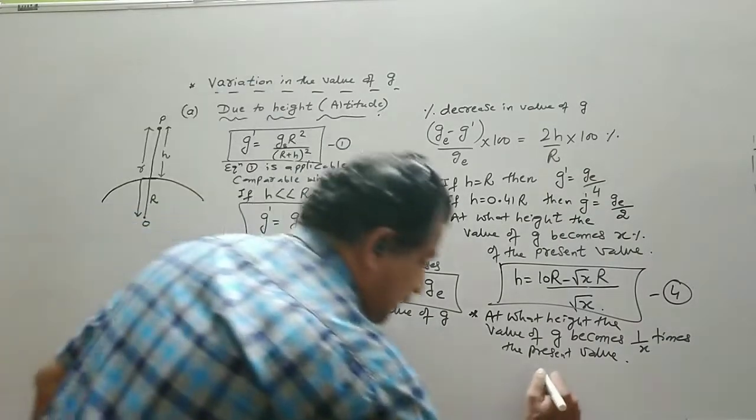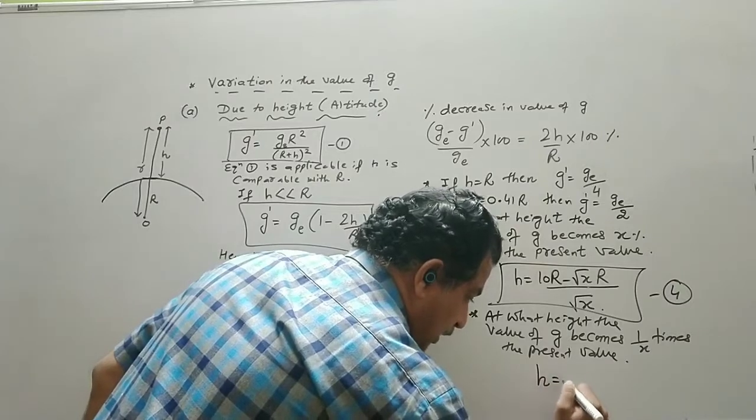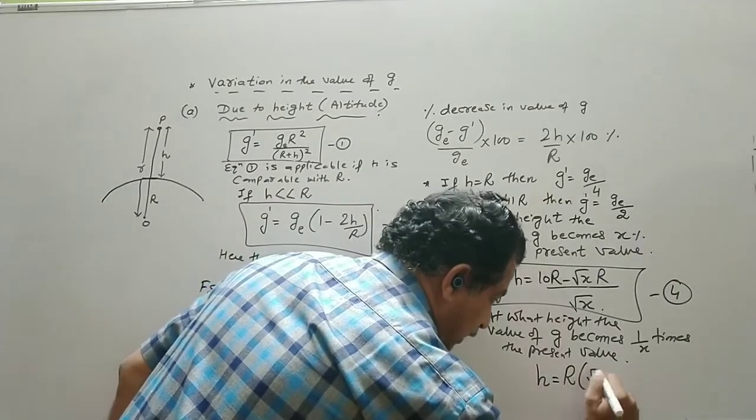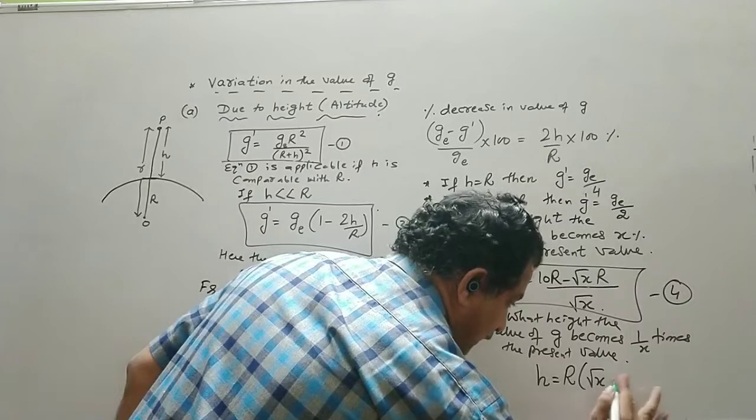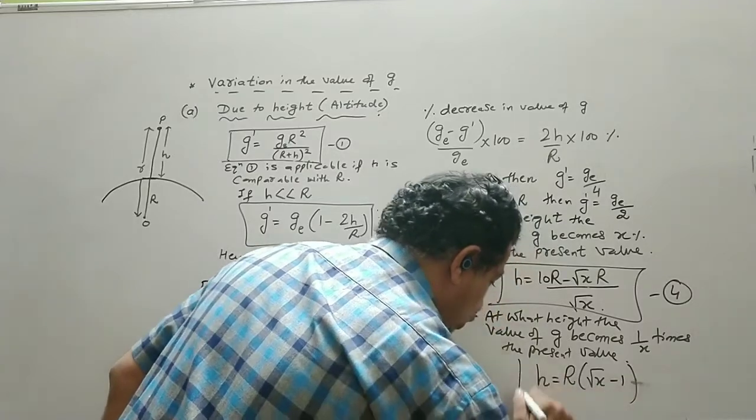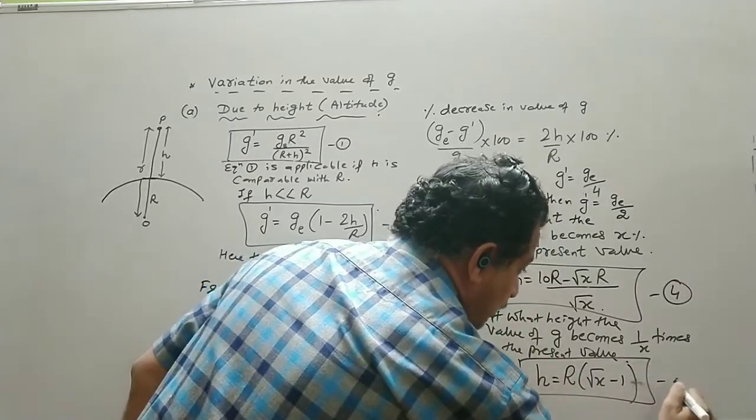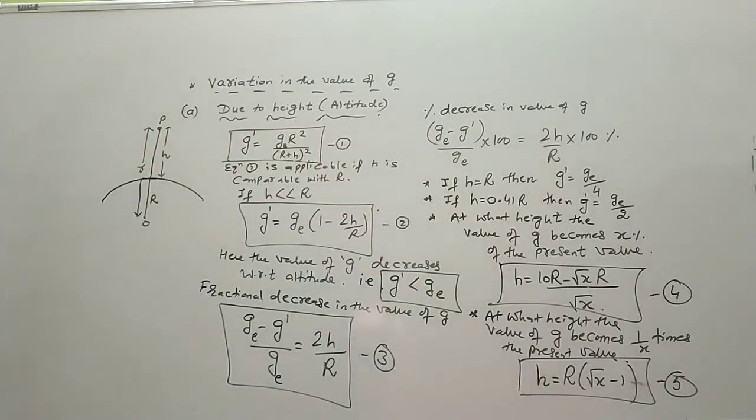So in that situation the formula becomes h is equal to r into (root x minus 1). Root x minus 1. Now let us verify this formula.